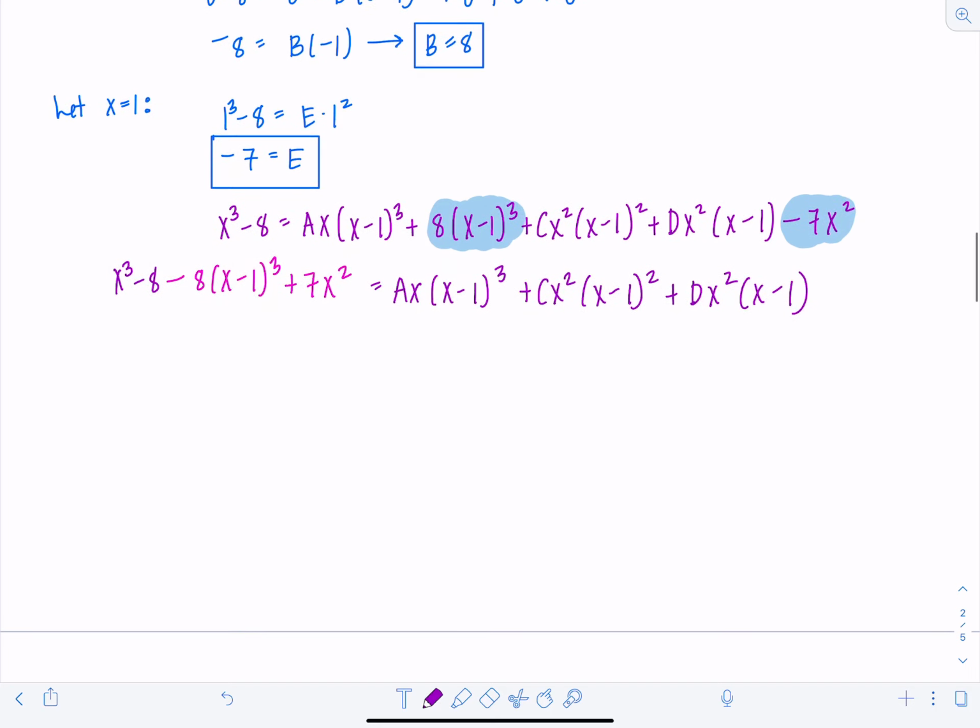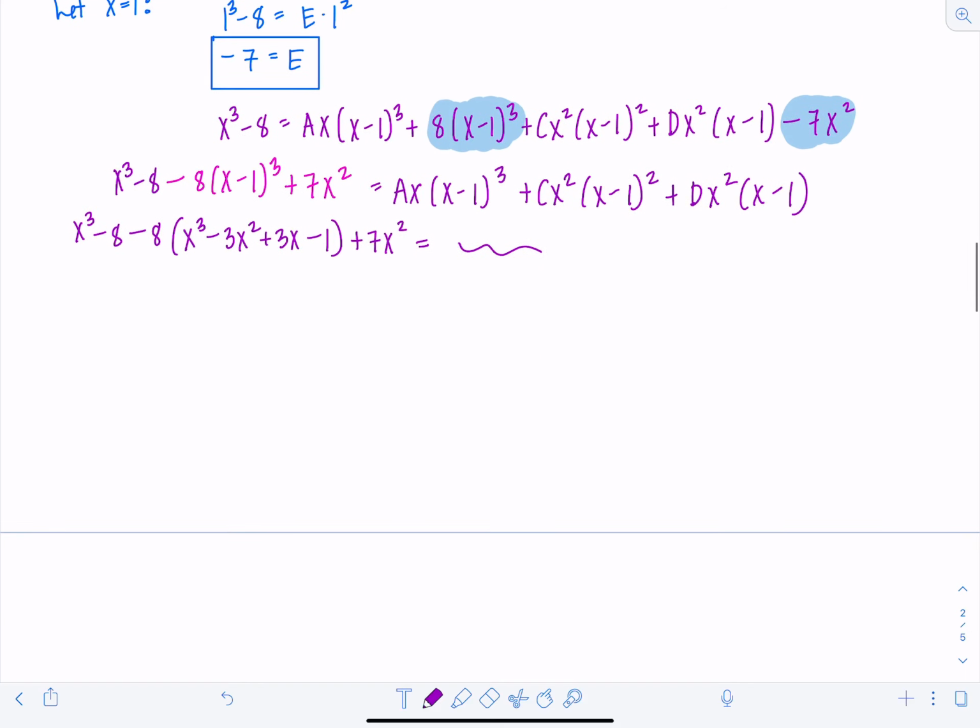Okay, now we've got to multiply this thing out. So we have here x cubed minus 8 times x minus 1 cubed. You could write it out 3 times, or if you remember from Pascal's triangle, it's x cubed minus 3x squared plus 3x minus 1, plus 7x squared equals that whole mess.